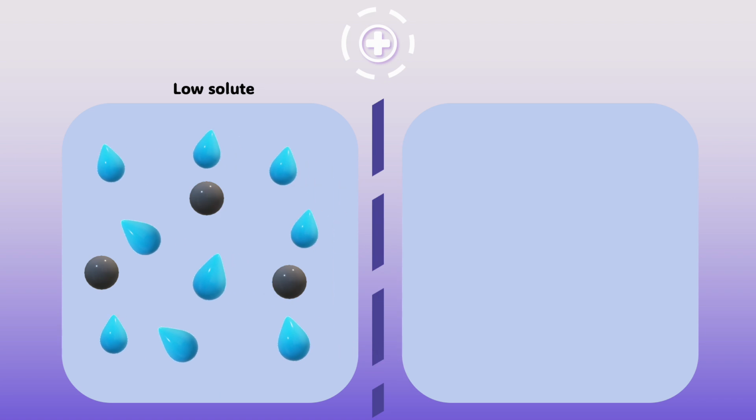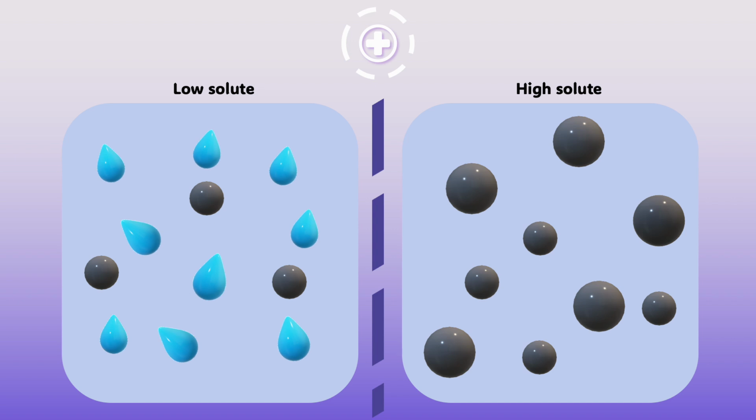Very few molecules that we would consider our concentration among many droplets of water. On the right side, we have high solute, or a higher concentration. So we'll have many molecules of concentration with very little water. In order to create a balance, water needs to move from the lower concentration over to the higher concentration to balance out the area in the body.